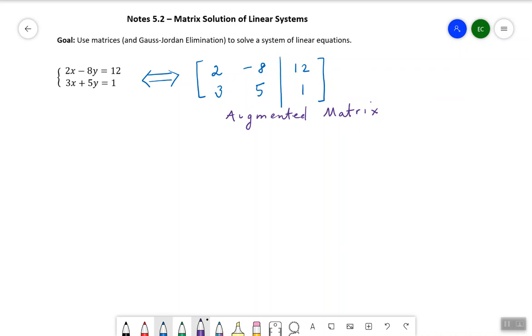And so our goal will be to get the matrix to a new form. And that new form looks like this.